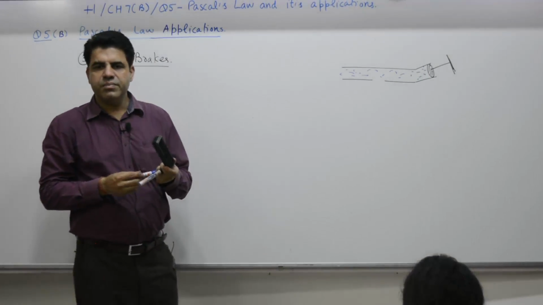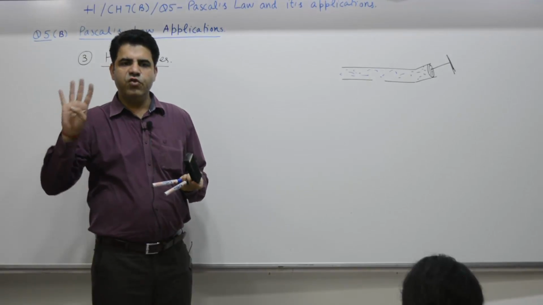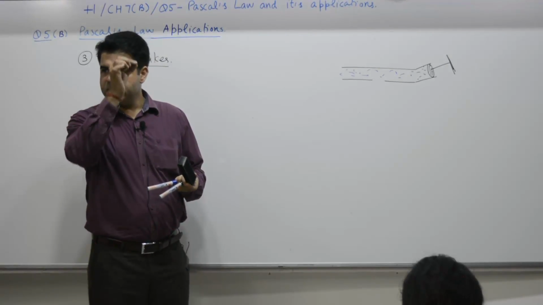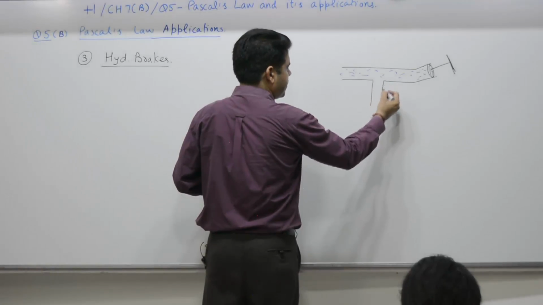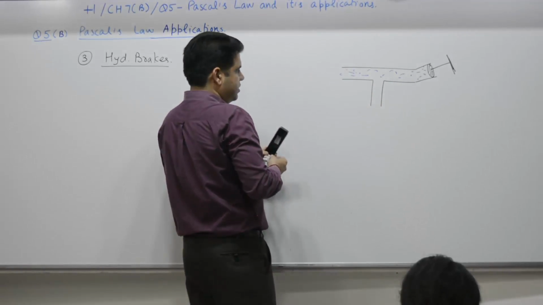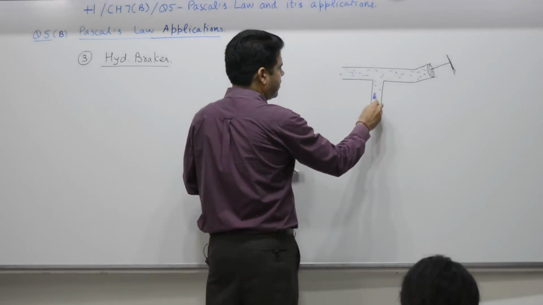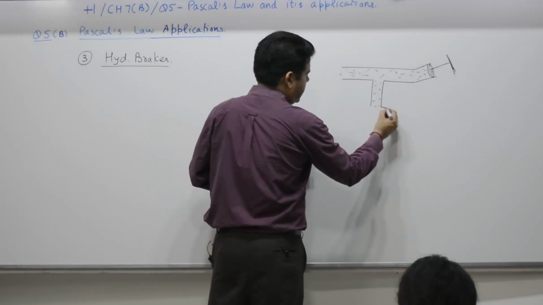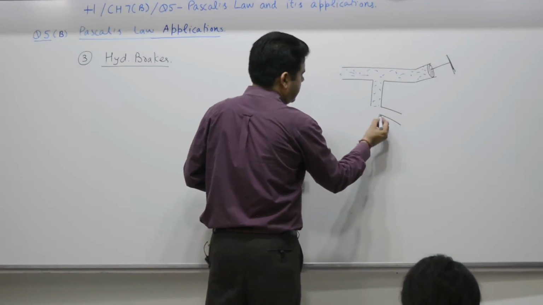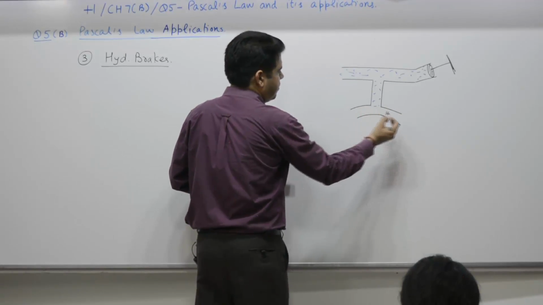This brake oil is applied to all the wheels. If there are 4 wheels, then there is one pipe which leads to each wheel. We will discuss only one wheel. So there is a liquid inside. Here you have an arrangement of pistons.